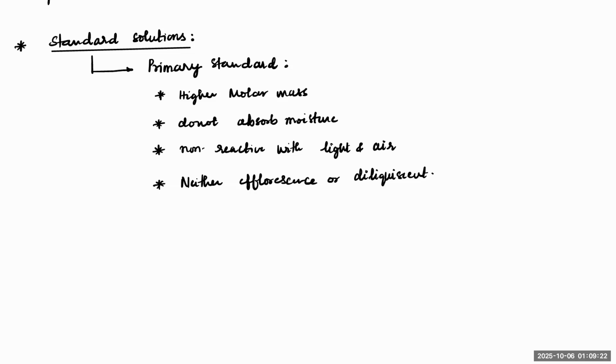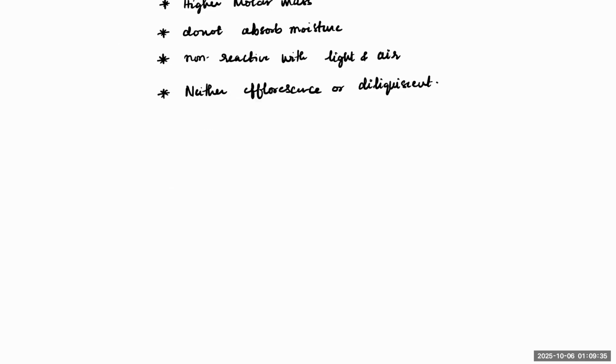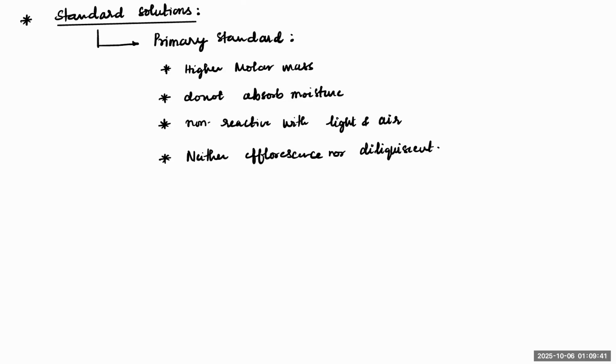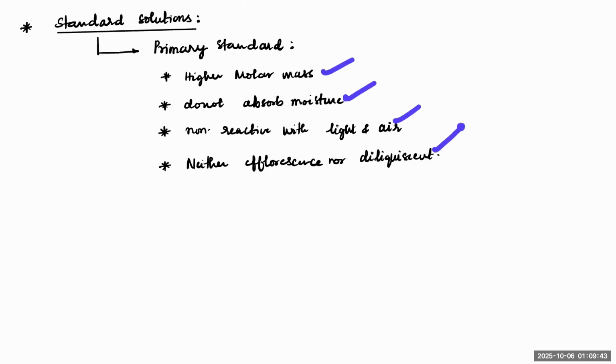That means it will start losing moisture to the atmosphere. So that is called efflorescent, and the one which absorbs moisture is called deliquescent. Neither should it be efflorescent nor deliquescent. When you have chemicals which tick all of these points, then we can convert them into primary standards.